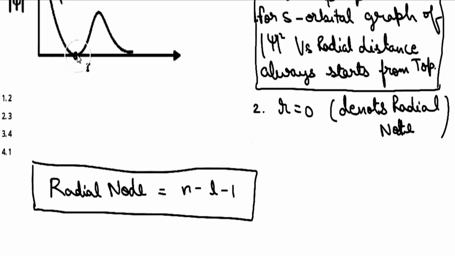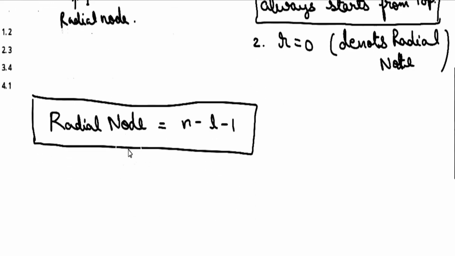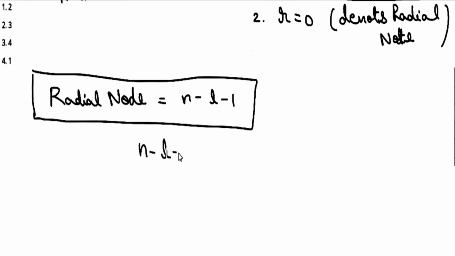So these points denote radial nodes. So there is only one radial node over here. So n minus L minus 1 is equal to 1. N minus L is equal to 2.